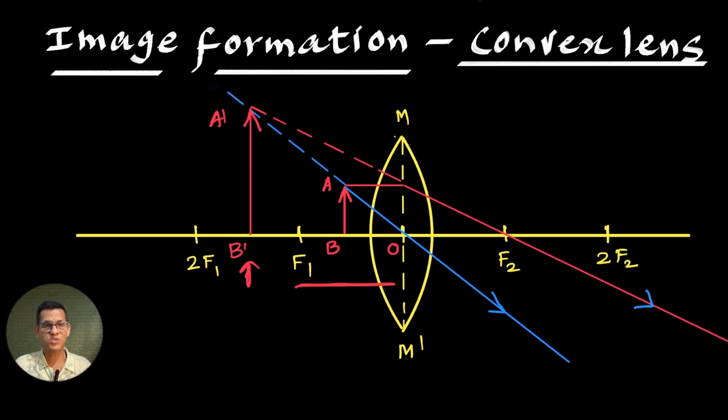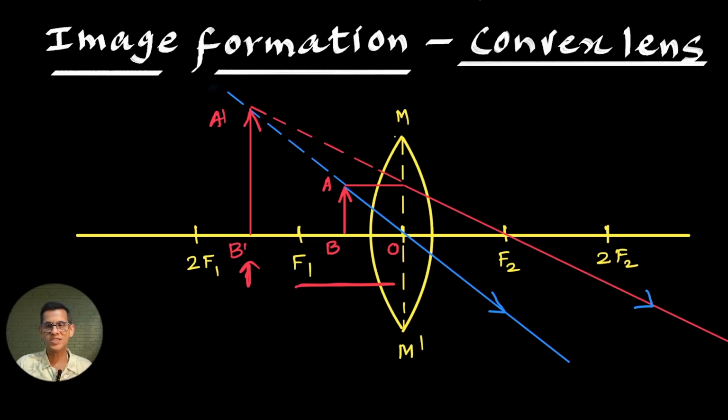Also, you must have seen watchmakers or watch repairers use a tiny lens in front of their eye to see the magnified image of the tiny parts of the watches. Basically, it is the same lens and the same concept can be applied there. That is, when the object is placed between F1 and O, we get a magnified image of that particular object.